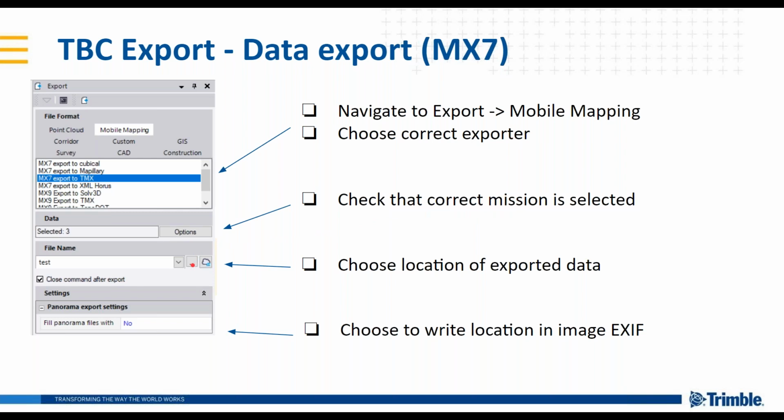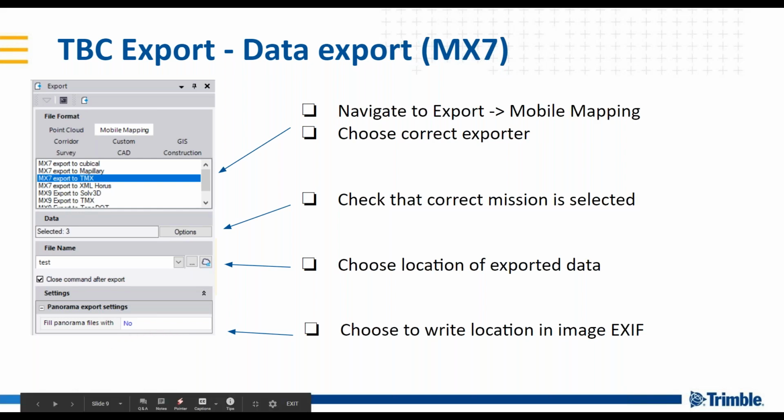Another option that you need to input is the name of the file or the name of the folder containing your data and the location of this folder. Another important setting in the exporter is if you are interested to save the location of each panorama file.